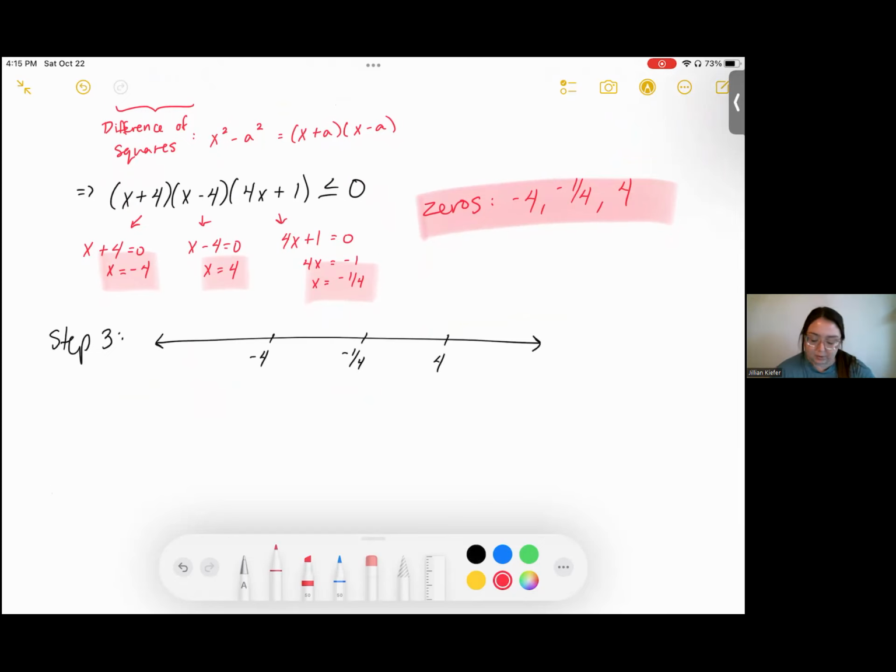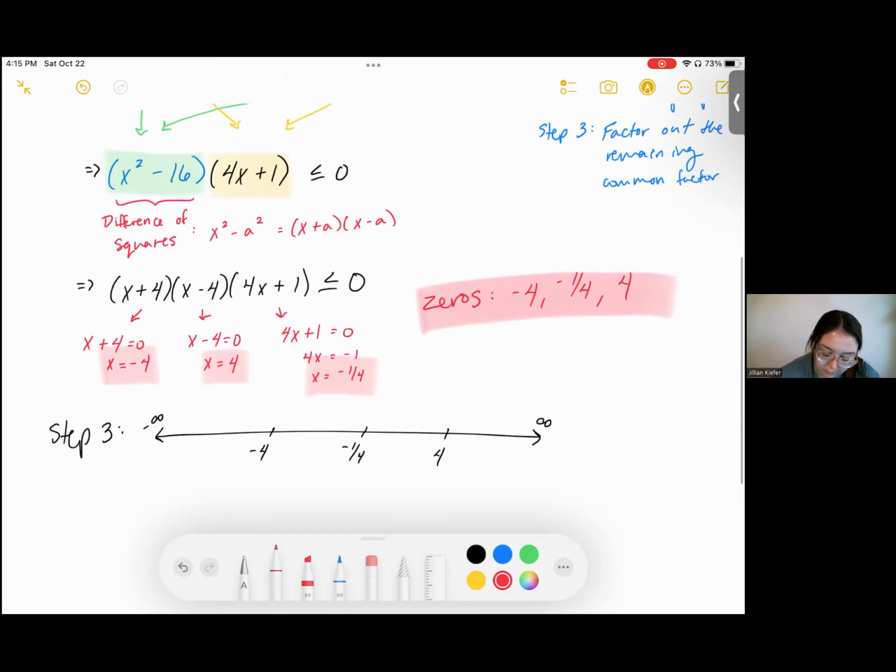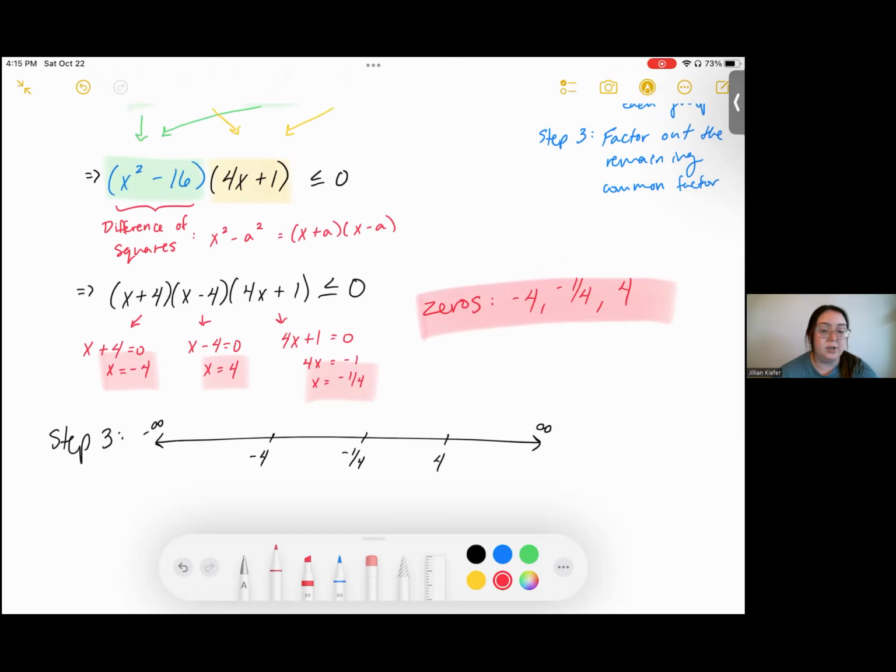So we put all those important points on there. Remember, our number line is going from negative infinity to positive infinity. And we want to look at our function. We have less than or equal to 0.